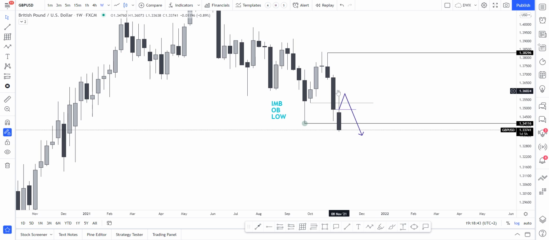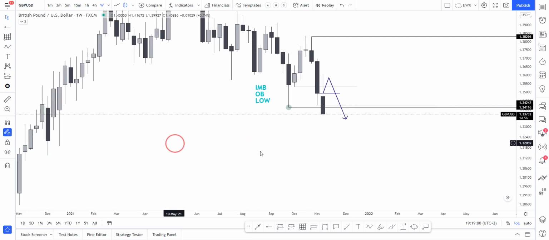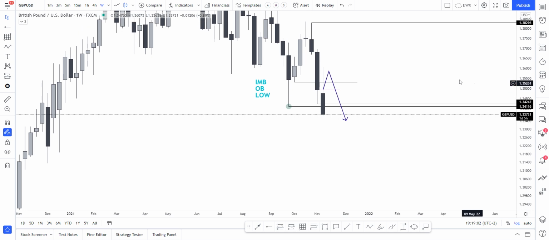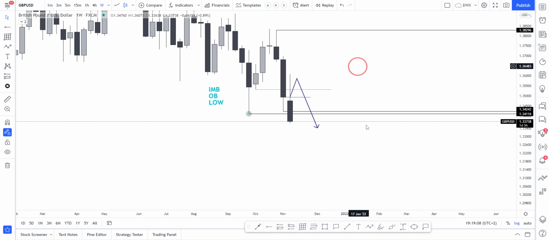We saw price trade up first, create the wick, and then start trading down, grab the liquidity below this low, obviously then also the liquidity below that low, and move towards the downside. We don't need to look to the left, because we can't really identify anything in here. We just need the most recent price action, potentially the last 20 or 40 days, and we need to identify where the liquidity is in those areas.